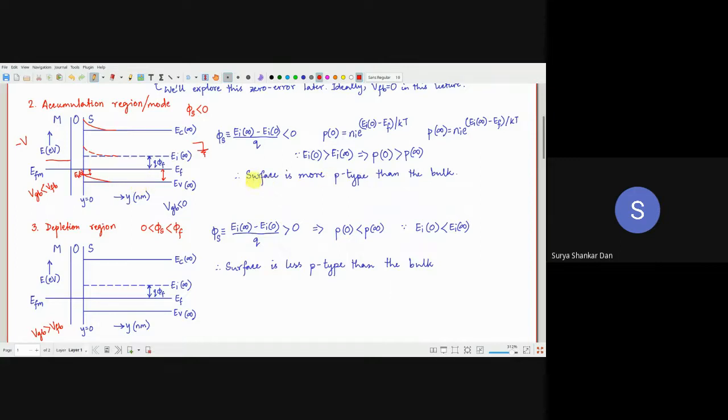That is what I have written here. Surface is more p-type than the bulk. If we want to develop more mathematics, what we will understand? Surface potential की तरह से देखो. So surface potential is going to be negative now. Why? Because EI infinity के हिसाब से EI 0 is here.